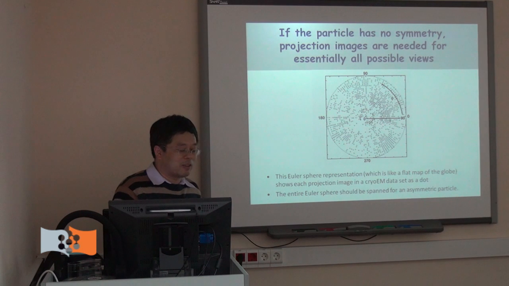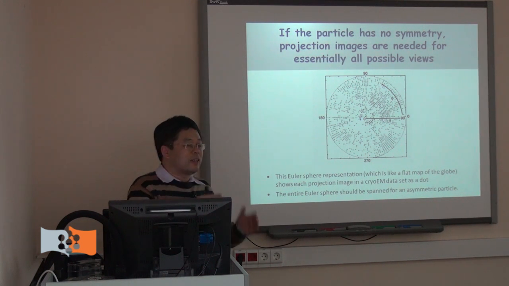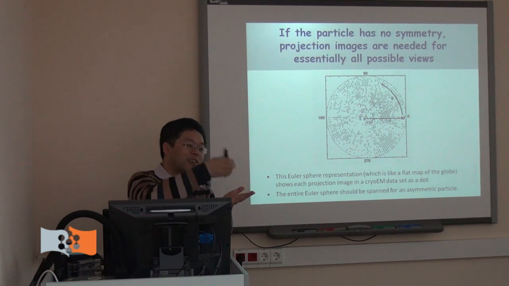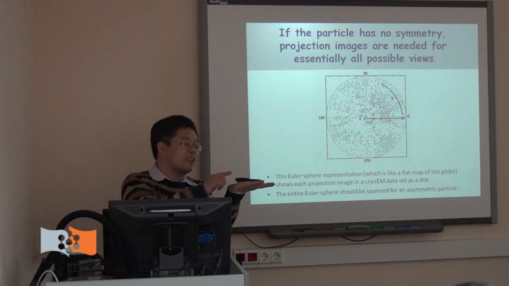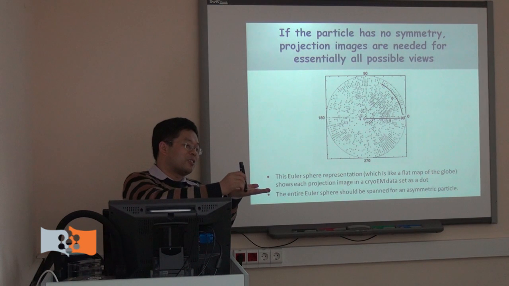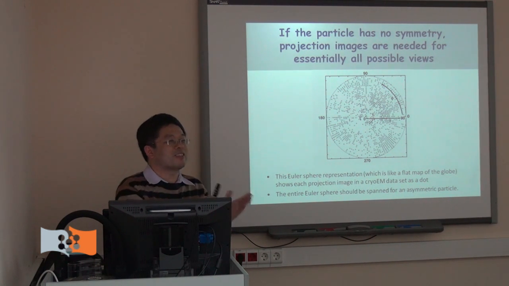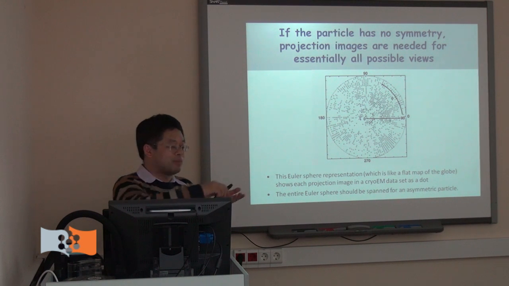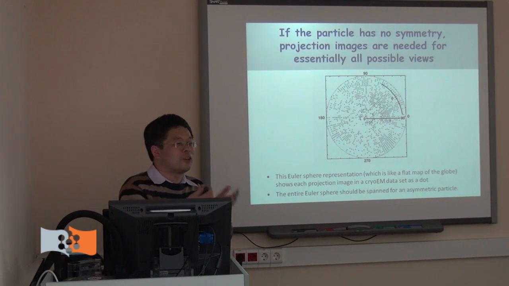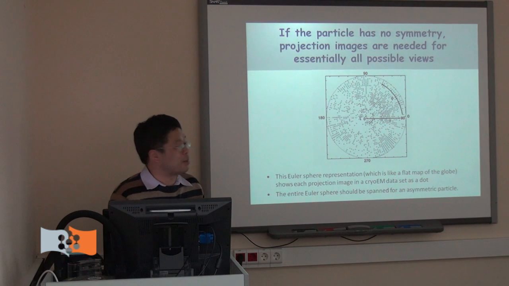For example, some samples tend to lie down. If this is a rod shape, they tend to lie down this way, and it's hard to make them stand this way. So we have to use some tricks to make them randomly oriented.